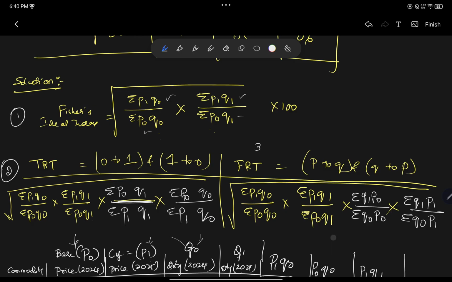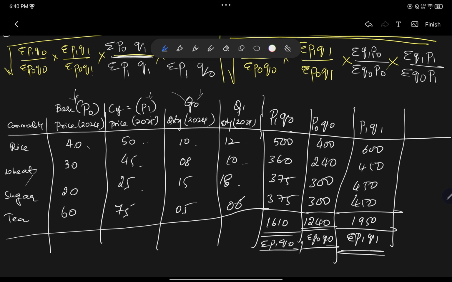Okay, now last what do we need? Summation of P0 Q1. Now I need to take P0 Q1, multiply this with this. P0 Q1, 40 into 12 is 480. 30 into 10 is 300. 20 into 18 is 360. 60 into 6 is 360.